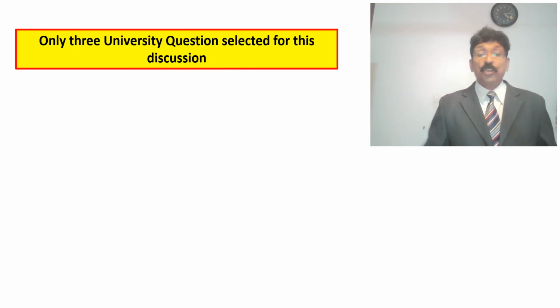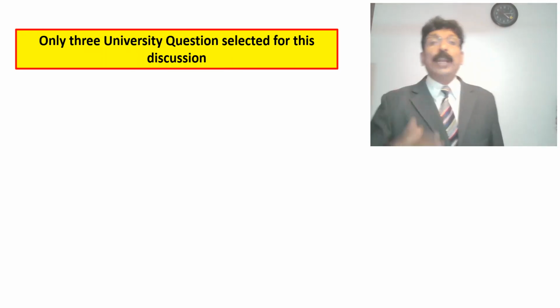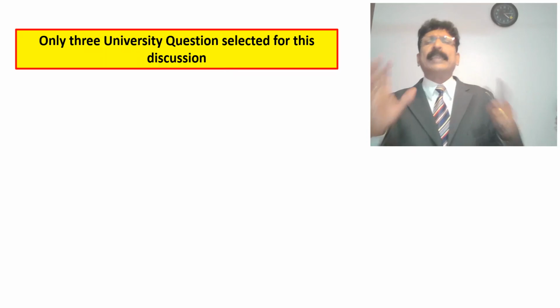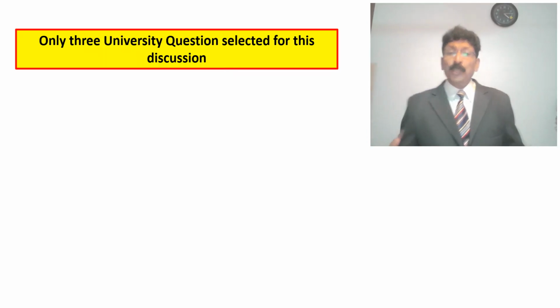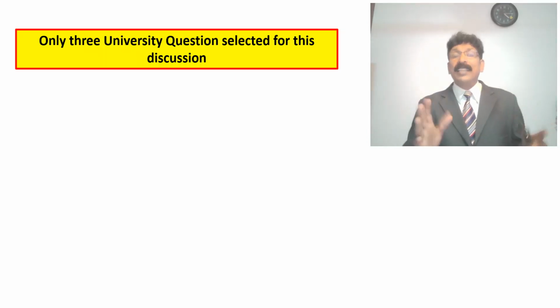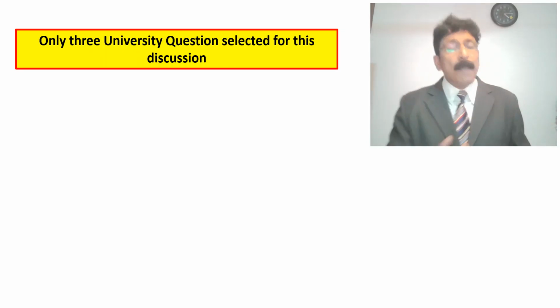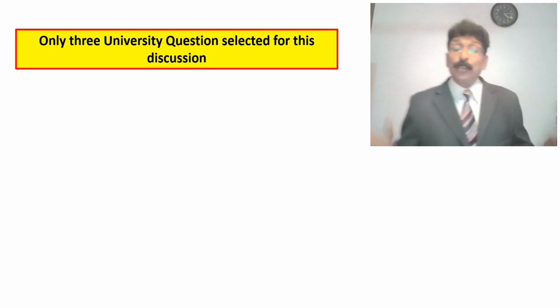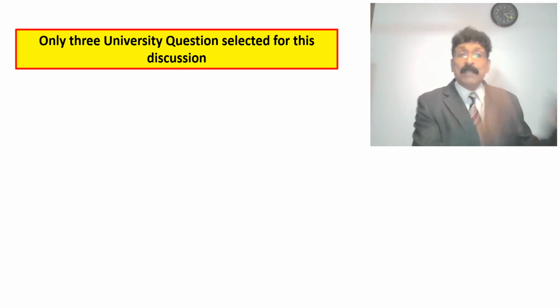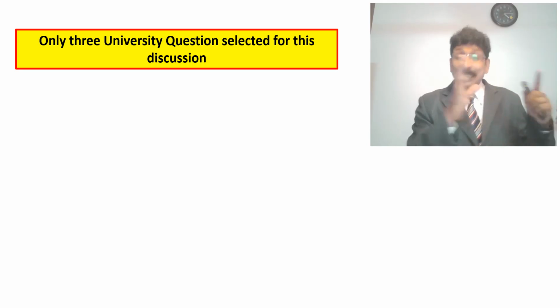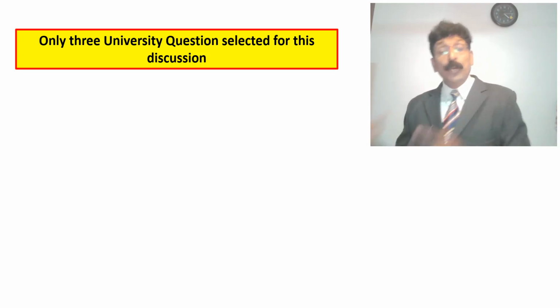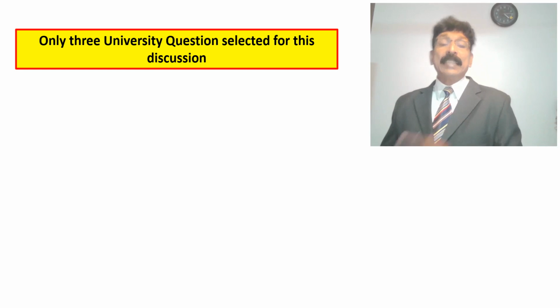So these are all the 12 units, and now we are going to discuss only 3 question papers. You are going to classify them and group them according to the respective units, and also write the syllabus clearly and write the questions clearly, year-wise and unit-wise, when you categorize and submit your assignment.